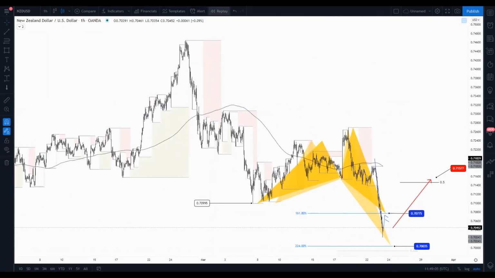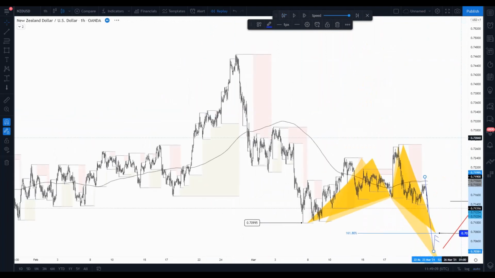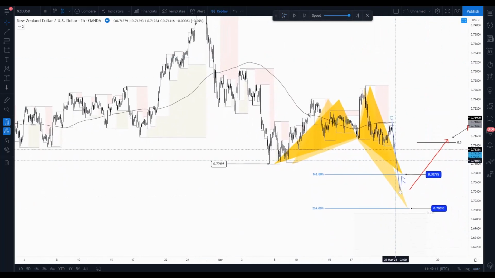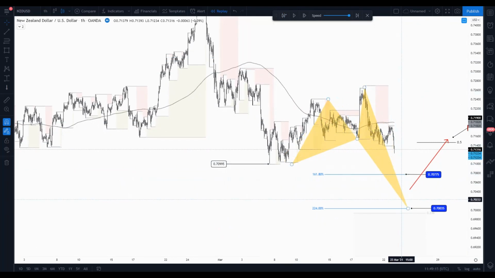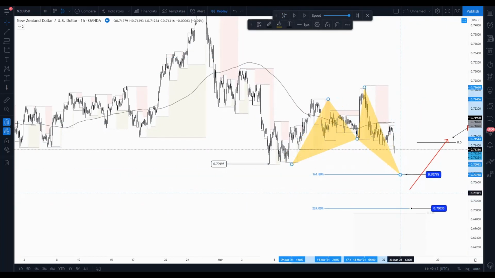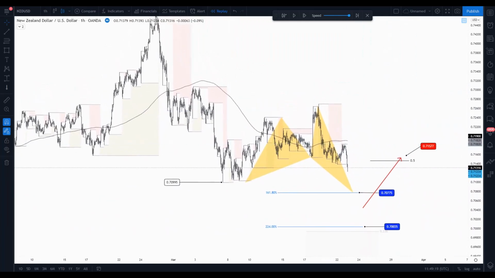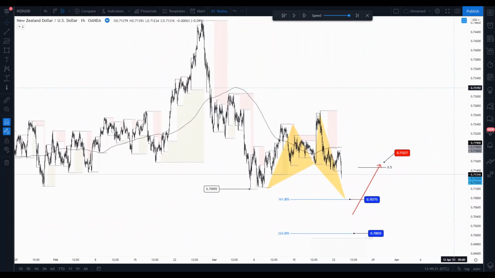So if the price is trading at this point, and if I start to project the pattern below, I will project an entry point at the golden fib initially. I have only two options here.